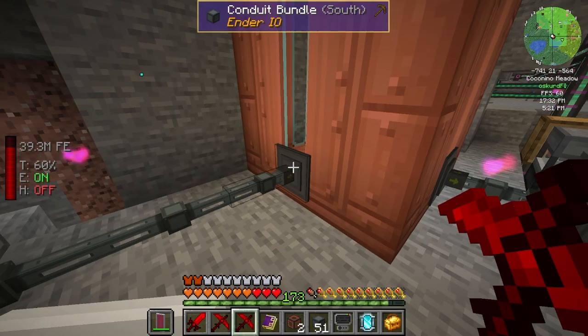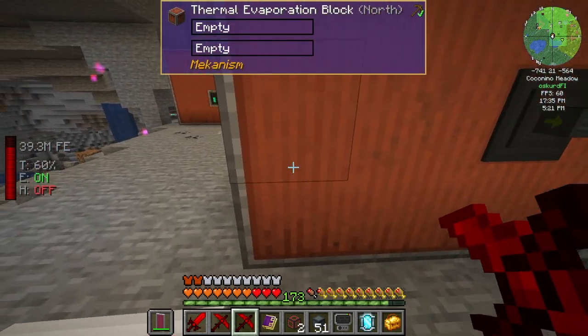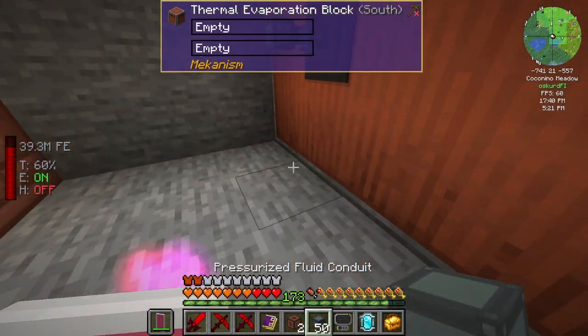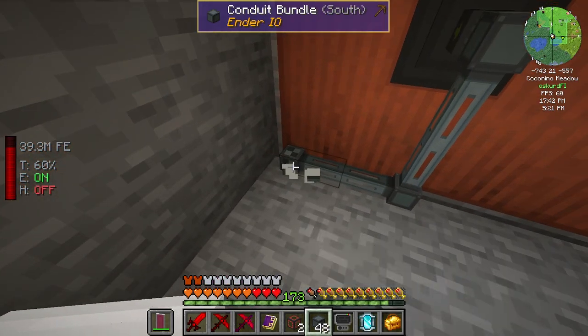Insert, not extract. So we go from here to here, and then in here, same song, different chapter.